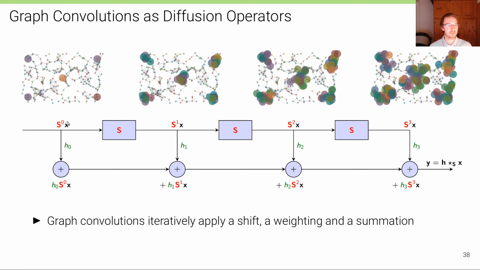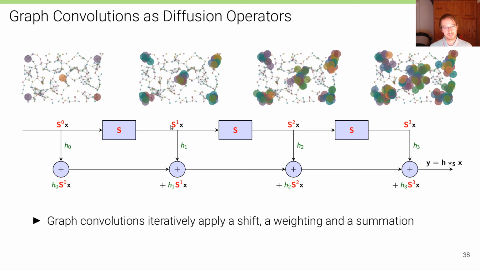So we start with x here, and we multiply this with h0, and we get h0 times x. And then we shift x with the shift operator s, which mathematically is s to the power of 1 times x. Then we multiply this with h1 and add this to what we had before, which is h0 x.